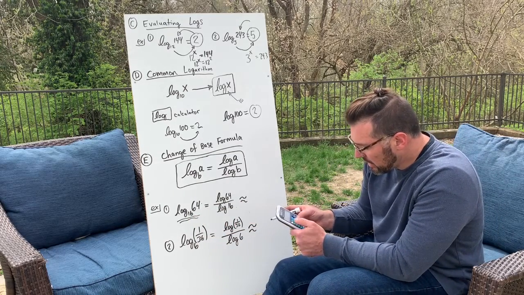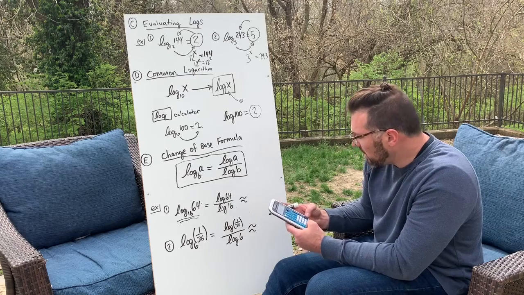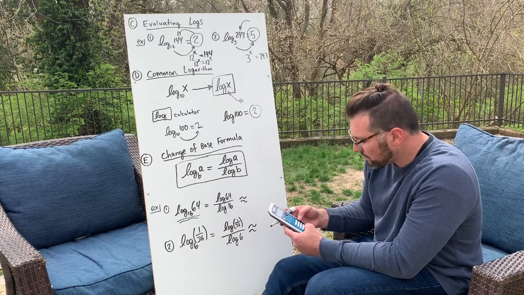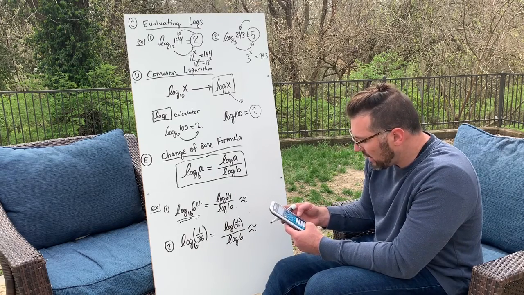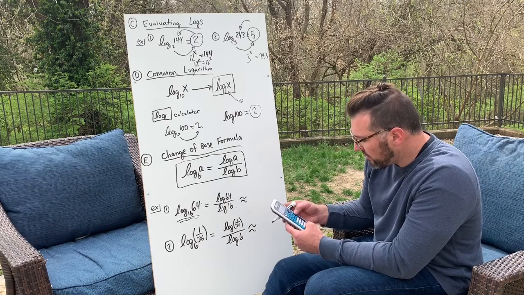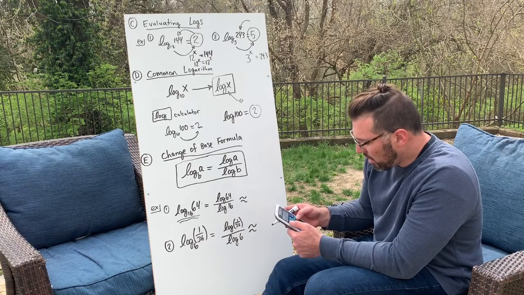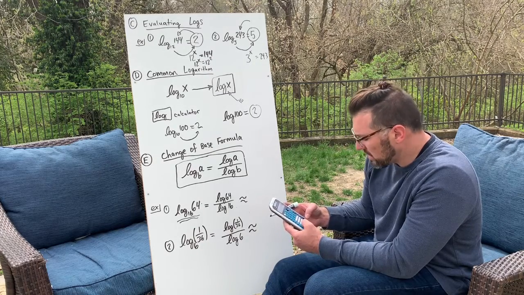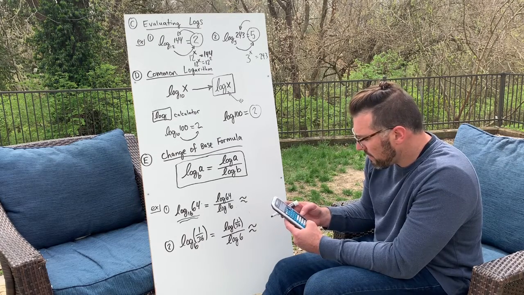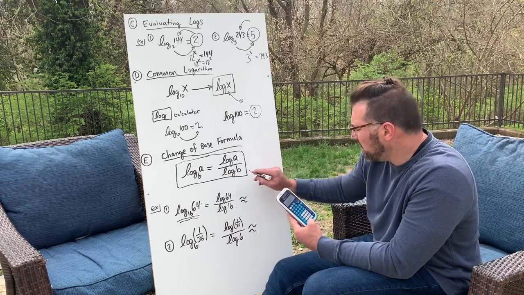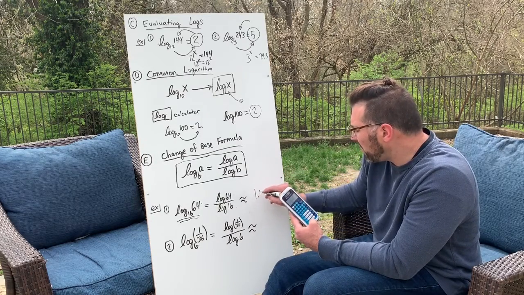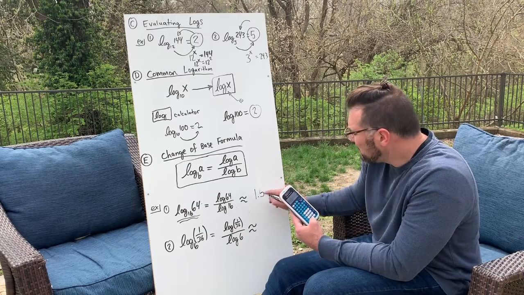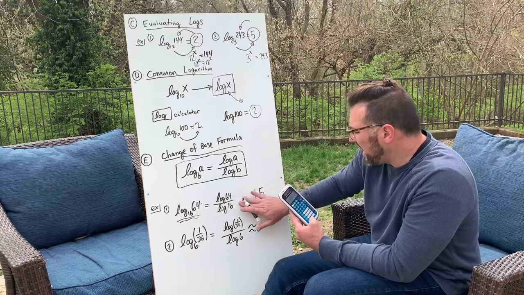Let's see, log of 64 divided by log of, let's see, what is this, 16? Okay, looks like it equals 1.5. So actually I didn't have to round.